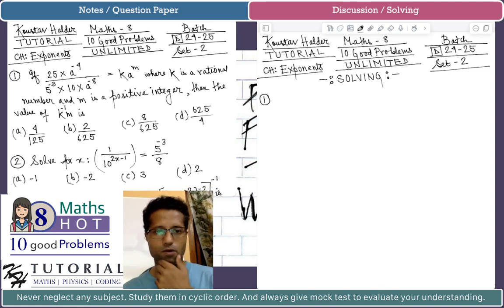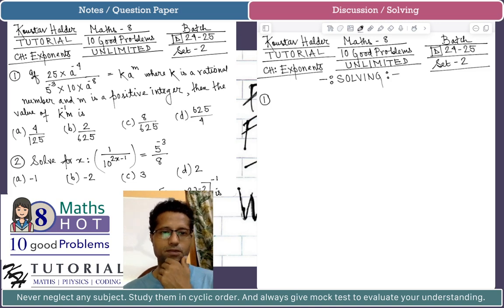Okay. The first problem says, on the left hand side there is an expression given in terms of exponents and a. On the right hand side it's an equation. On the right hand side there is k multiplied by a to the power m, where k is a rational number and m is a positive integer.